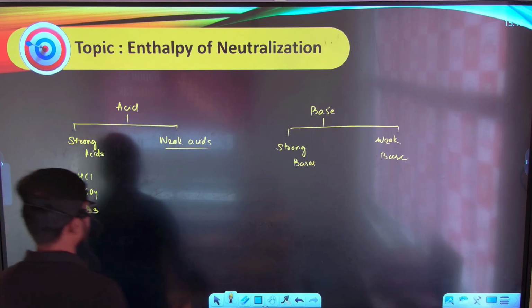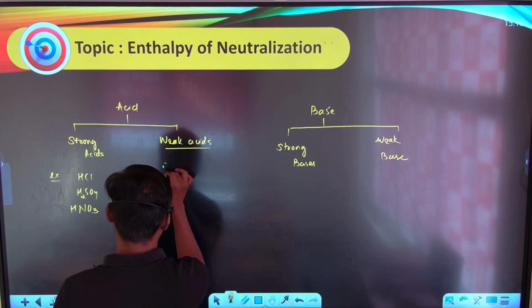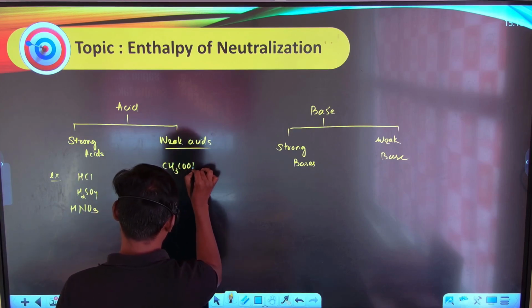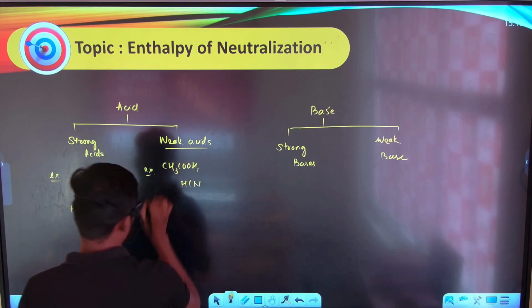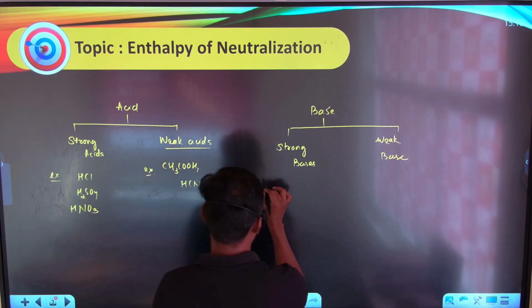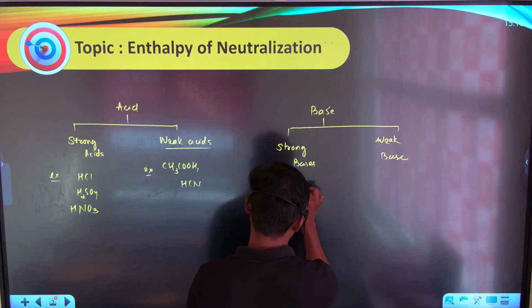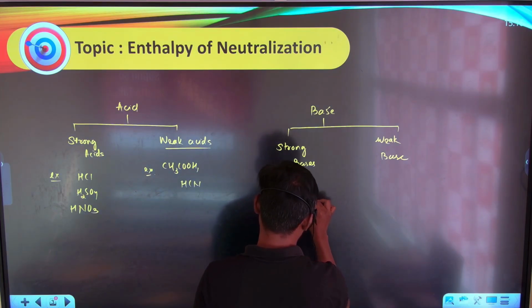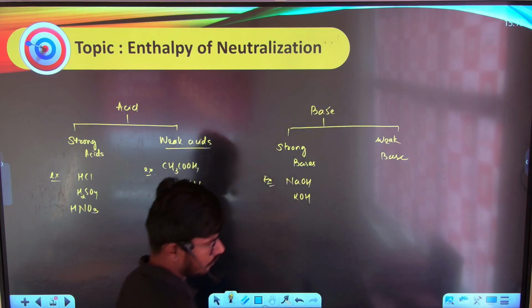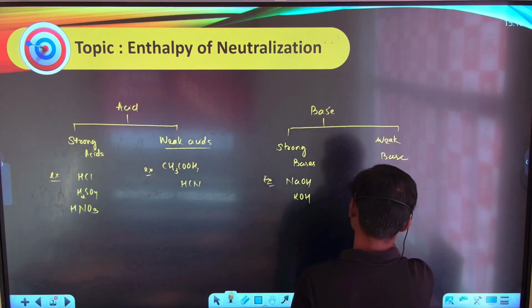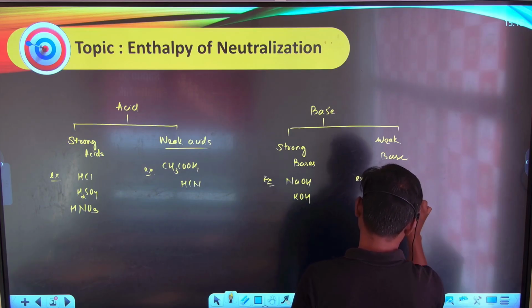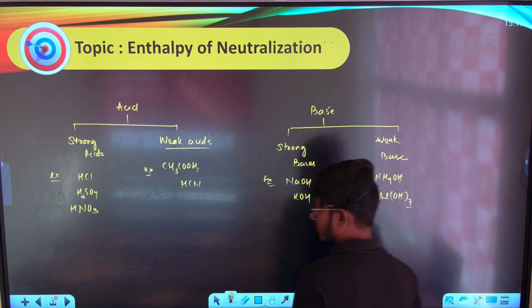Weak acids: CH3COOH, your acetic acid, and HCN. Strong bases: sodium hydroxide, potassium hydroxide. And weak bases: ammonium hydroxide, aluminum hydroxide.